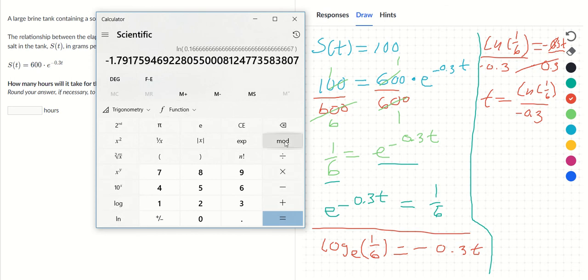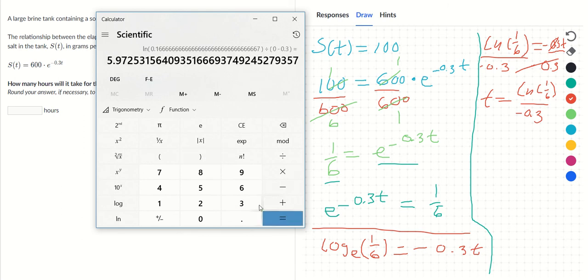The natural logarithm of that is negative 1.79, divided by negative 0.3.